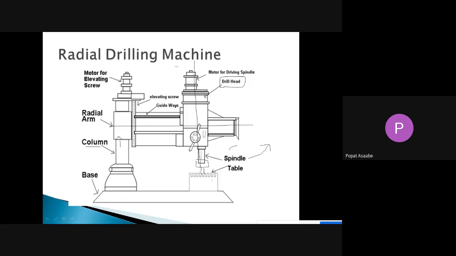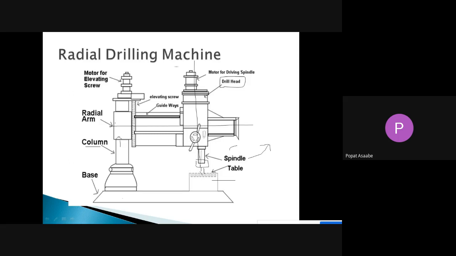Again, the next part is the table. That table is mounted on the base, and the function of the table is to hold the workpiece. T slots are also provided on the table. Then the next part, the radial arm.